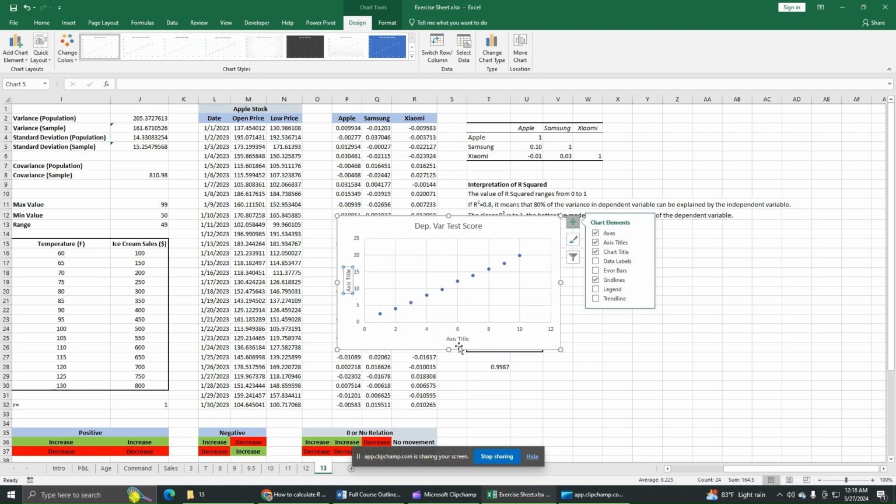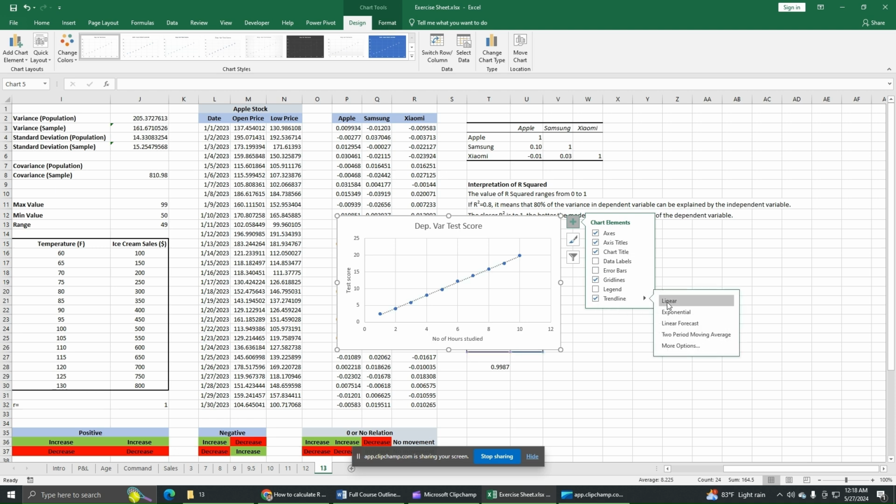We can give axis titles here, number of hours studied, and here test score. Okay, we can add a trend line here.